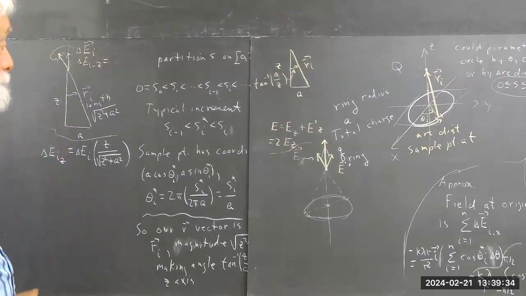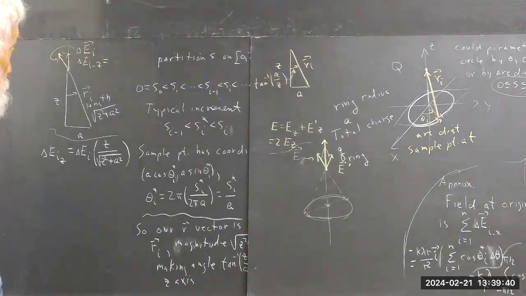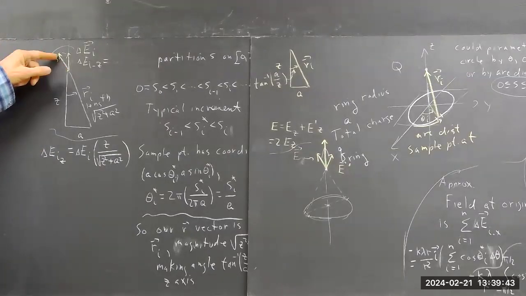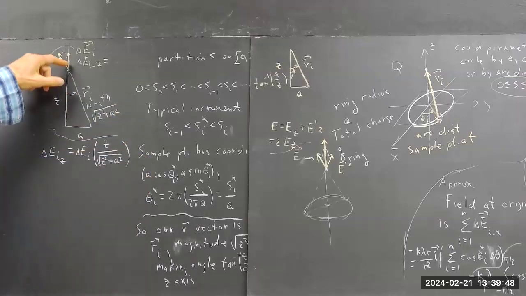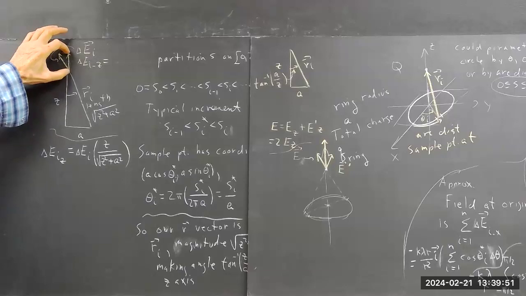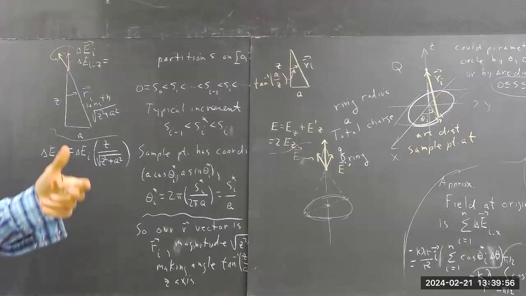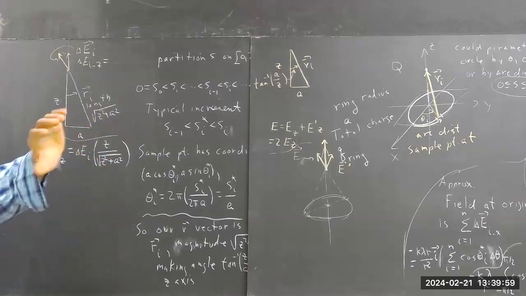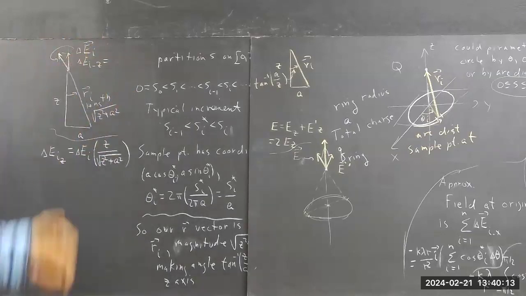We go to angles. I told you the angle here is arctangent of A over Z. And we could say that it's going to be the length of delta E i times the cosine of the arctangent of A over Z, because here's your arctangent of A over Z, and this will be the cosine because it's adjacent and all that stuff, okay? But the cosine of the arctangent of A over Z, you just draw a triangle with opposite side A and adjacent side Z, and figure out that R is the square root of A squared plus Z squared.